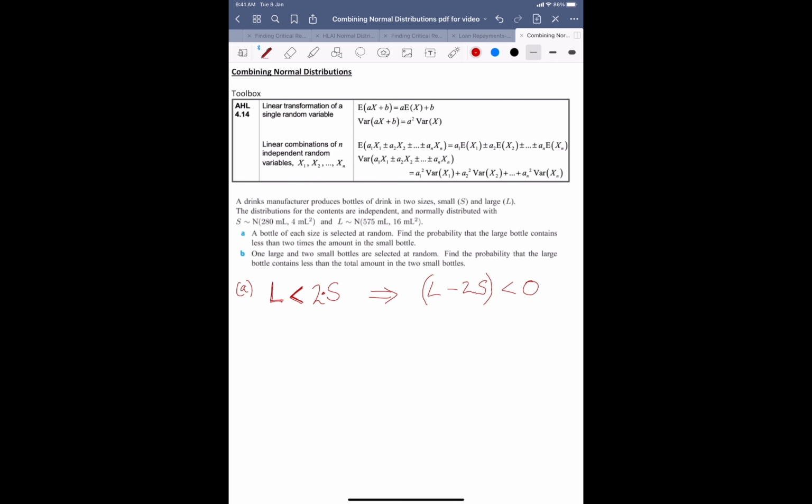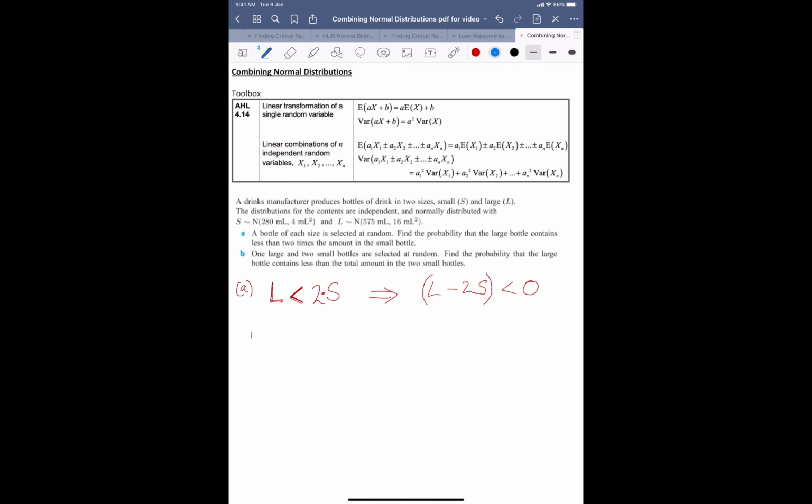So what we need is to get our thinking heads on. If we combine normal distributions, because L is normally distributed, S is normally distributed, so actually if we combine these together, then these will also be a normal distribution. So what we need is the mean and the variance of this normal distribution.